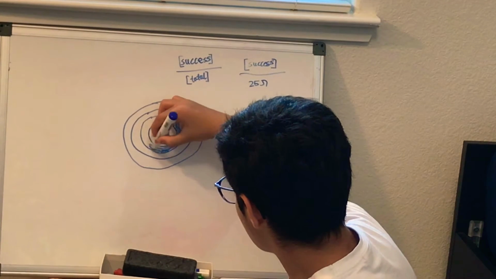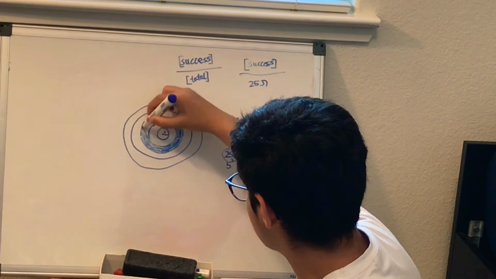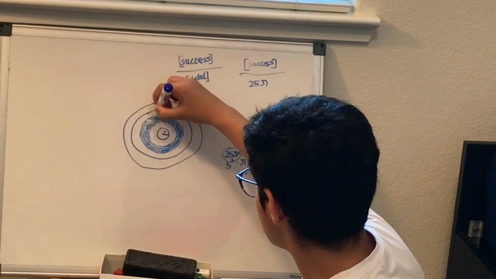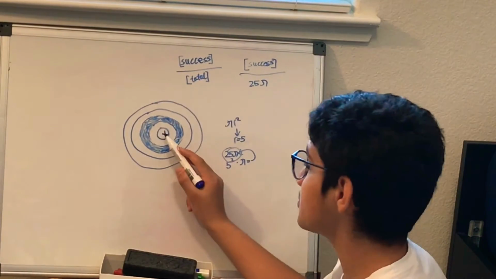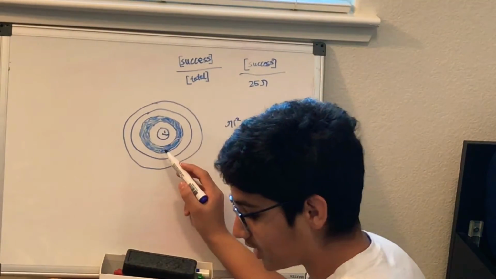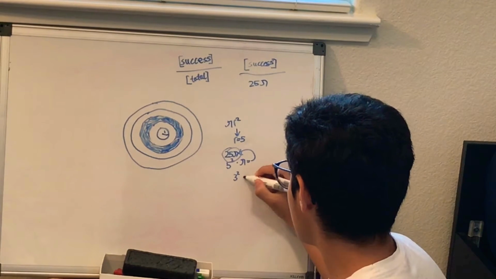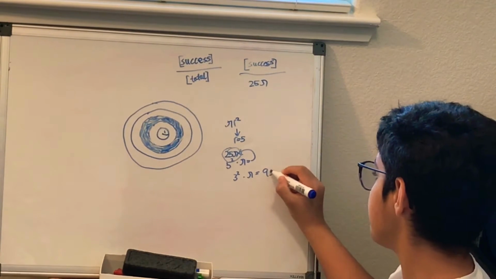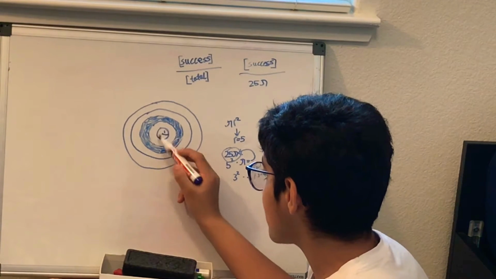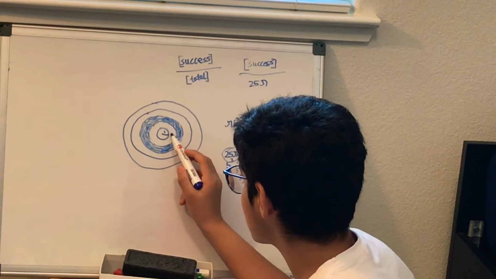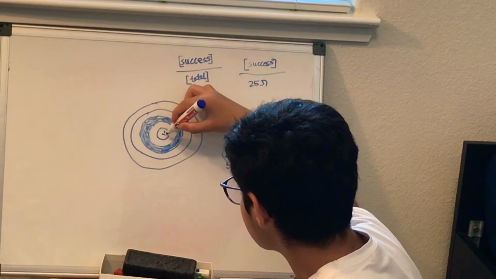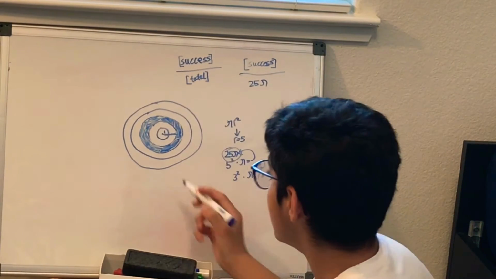So let me just quickly color it in. We know that this entire circle, including these parts inside, has an area of 9 pi because the radius is 3. So 3 squared times pi equals 9 pi. However, this part is being removed, and this is just one circle, right? This big circle over here being removed.